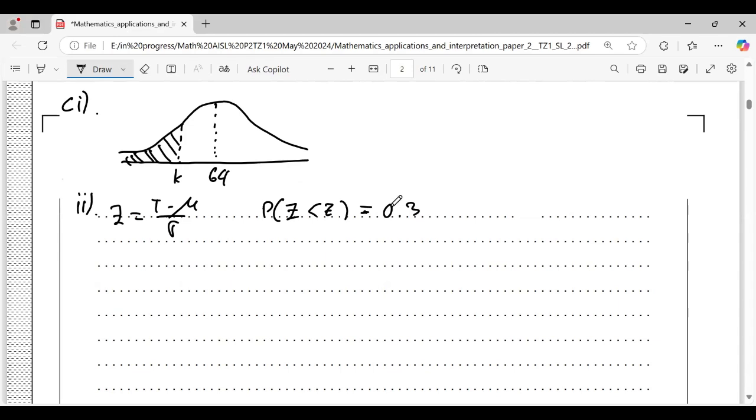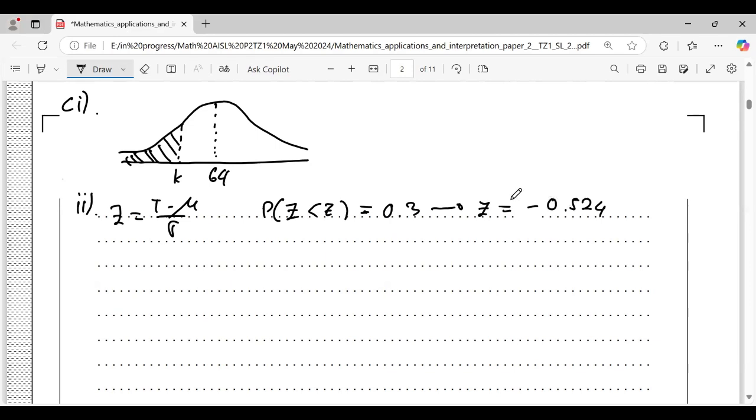It corresponds to the z score and satisfies this condition. You can use the standard normal table or a calculator to find this probability. It means the lowercase z is minus 0.524. If you have a standard normal table, you can find this number, or you can find it through a calculator.